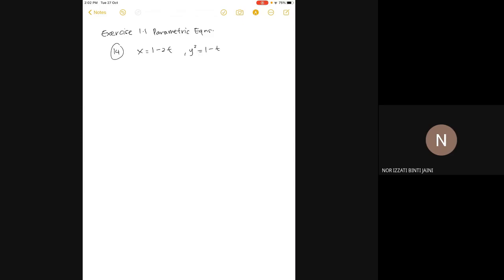Okay, so as you have learned through the videos, there are two ways to do these parametric questions in which you can first plot, use plotting points, and the second one is eliminate the parameter t. Okay, let's say I want to try to eliminate parameter t in this problem.